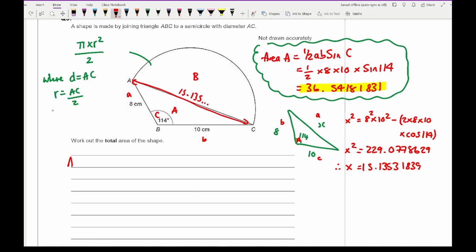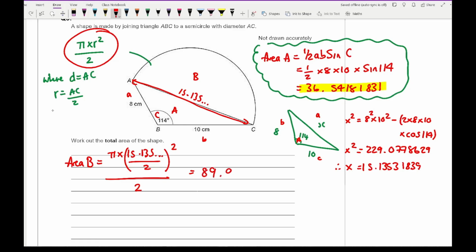So to work out the area of B, it's going to be using this formula here. So here I've got pi times 15.135 divided by 2, because it's the radius that I'm needing, and that's the diameter, squared, and I divide that all by 2. Then what I end up with is an answer of 89.9586625.